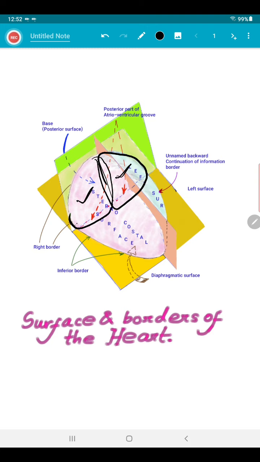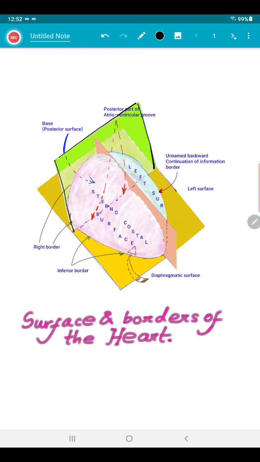Two-thirds of the posterior surface or base of the heart is formed by the left atrium. You will have to remember there is a formula everywhere, almost a 2/3 and 1/3 relation. So 2/3 of the base of the heart is formed by the left atrium, 1/3 by the right atrium. This is the base of the heart thrusting on this green coronal plane.